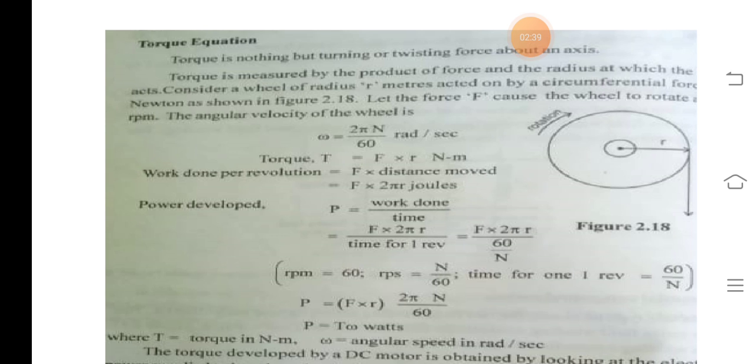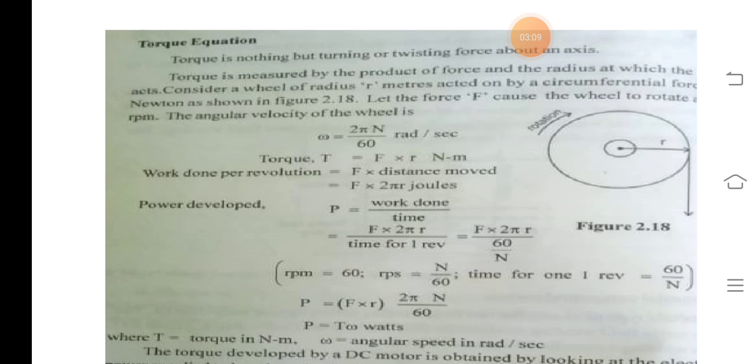F is the force, and distance moved depends upon the circular motion, 2 pi r. So P is the power developed. The power developed always depends on the work done by the conductor, how much work is carried out in how much time.